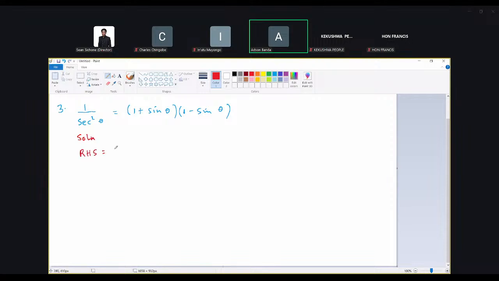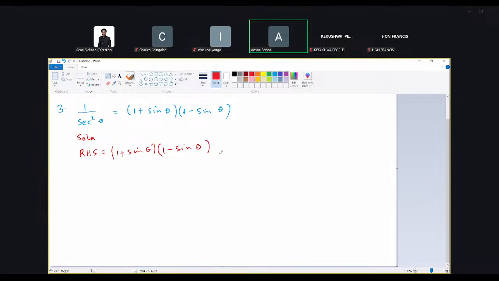So the right-hand side has 1 plus sine theta times 1 minus sine theta. And by the way, you decide whether to start from the right or the left depending on how the identity is given to you. For me, I find it easier to expand here and see if there's an identity that we can use to solve this.